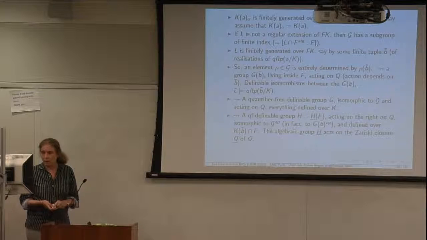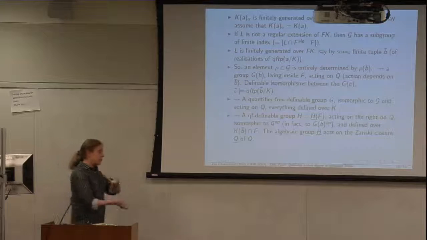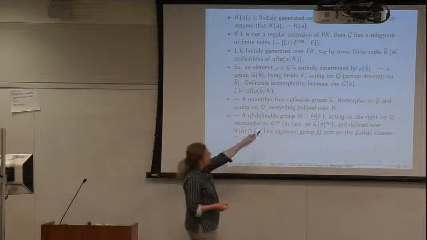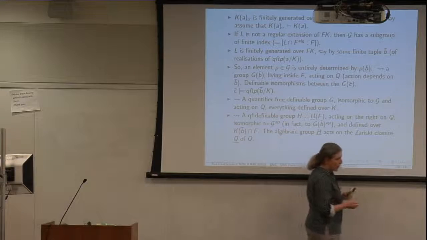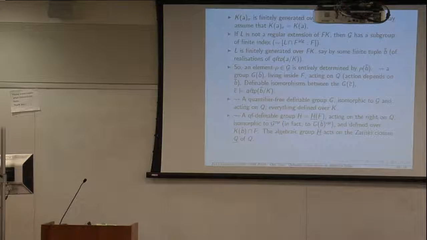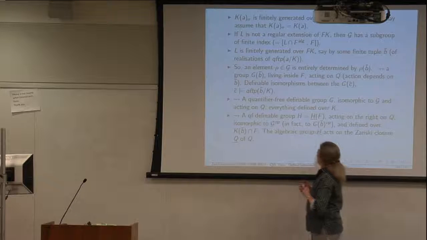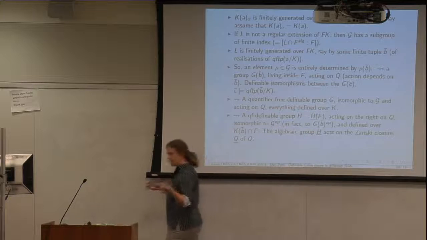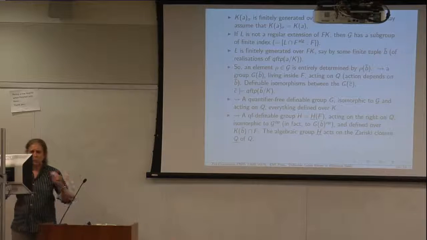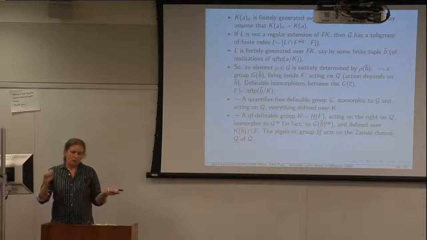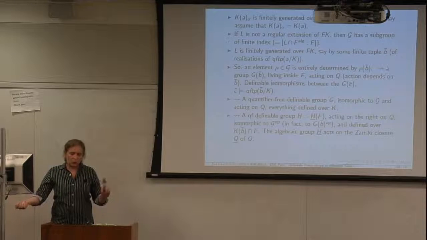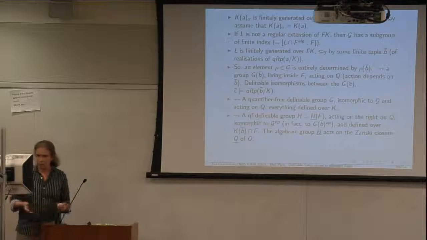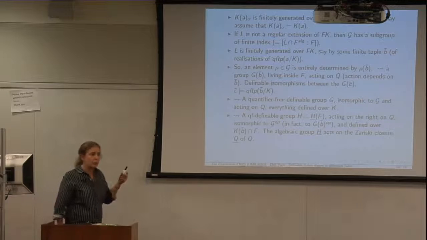And then you go to the opposite thing, so you get, in fact, a group H bar, which is an algebraic group. You take the fixed points, and it acts on the right on Q. Okay, so now we have two actions, one of them opposite to the other one, and the problem is that all these things are defined over a larger field, right?